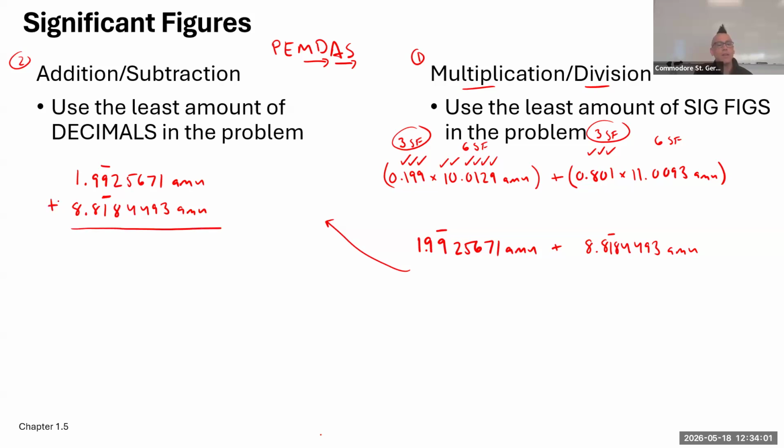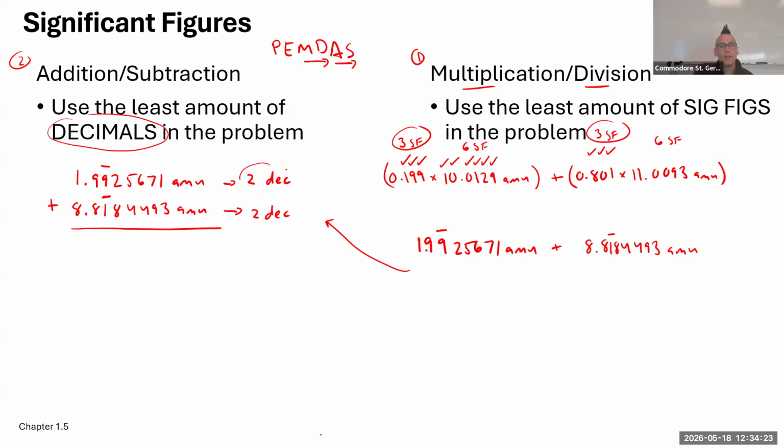And we're going to add these together. Here we want to use the least amount of decimals in the problem. All right. So here I'm going to say we have two decimal places. Here I have two decimal places.